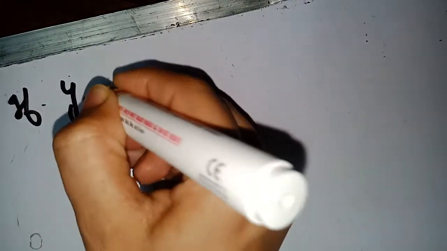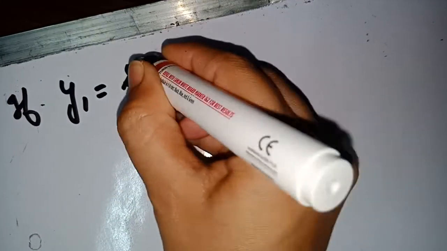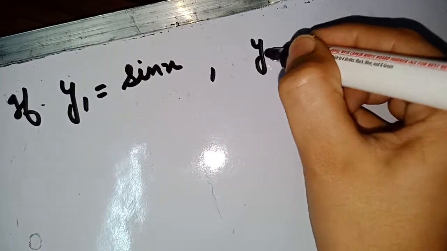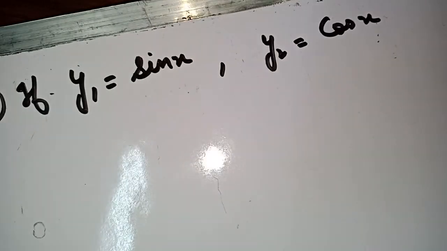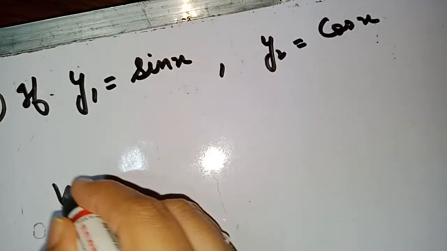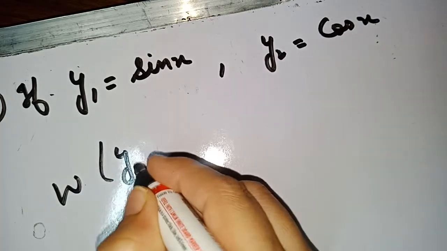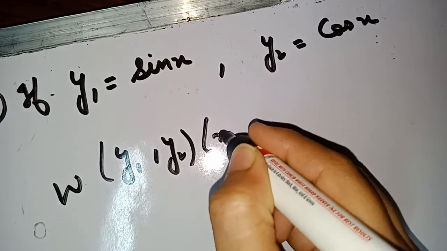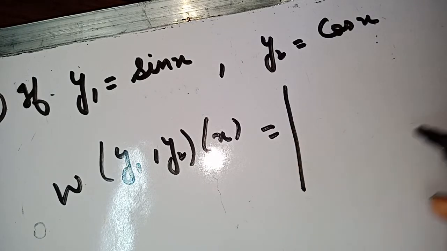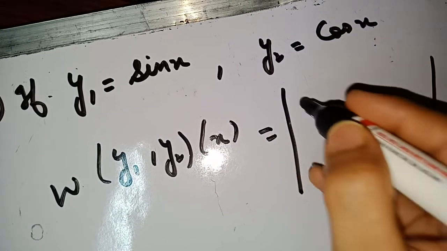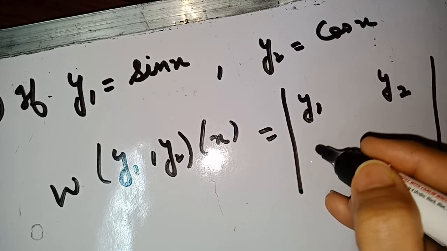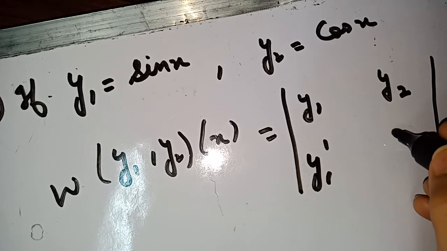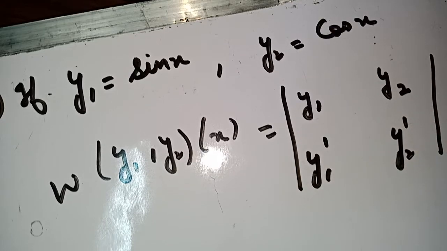Now next we check how to solve the questions on the Wronskian. First, if y1 is sin x and y2 is cos x, then how do we find the Wronskian? The Wronskian of y1, y2 at x is the determinant of y1, y2, the derivative of y1, the derivative of y2.